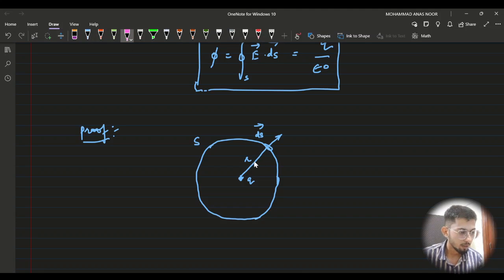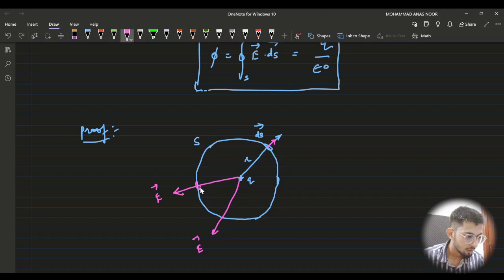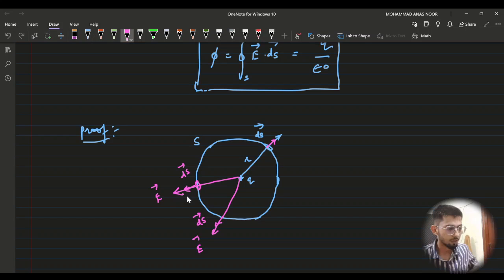Now if we talk about the electric field just on the surface, the electric field would be directed outwards. If you even take some other point, the electric field would be outwards, like this. And you take similarly some small ds surface, so it would be pointing outwards. The thing I want to say is that both the ds and E are pointing in the same direction.